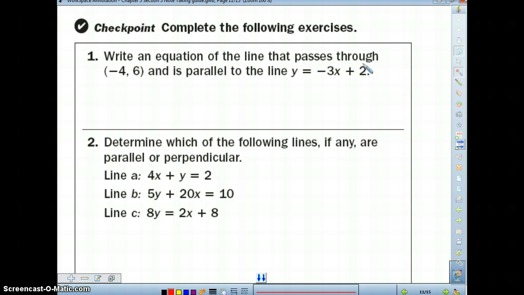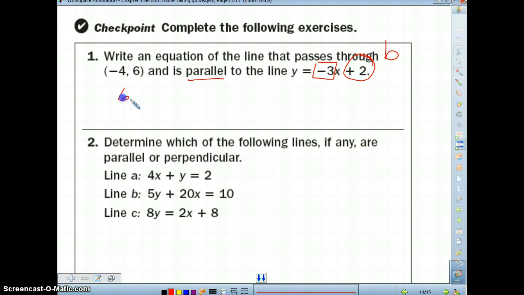Write an equation of the line that passes through negative 4, 6 and is parallel to the line y equals negative 3x plus 2. Now it says parallel, which means the slope stays the same. So what we would do is take this point and put it in and solve for a new b, our y-intercept.